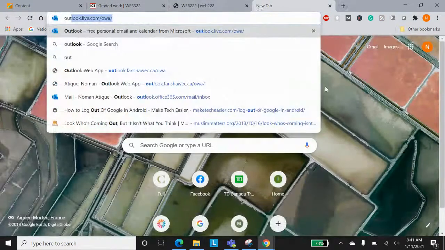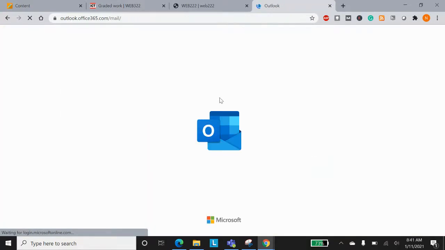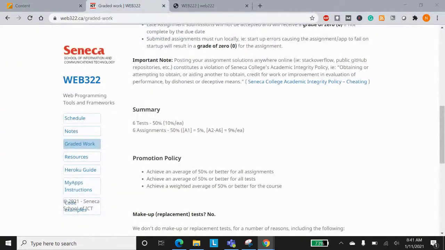Let me go into that. I remember opening my email address. What happened? All right. So there is one student who is unable to access the class link.